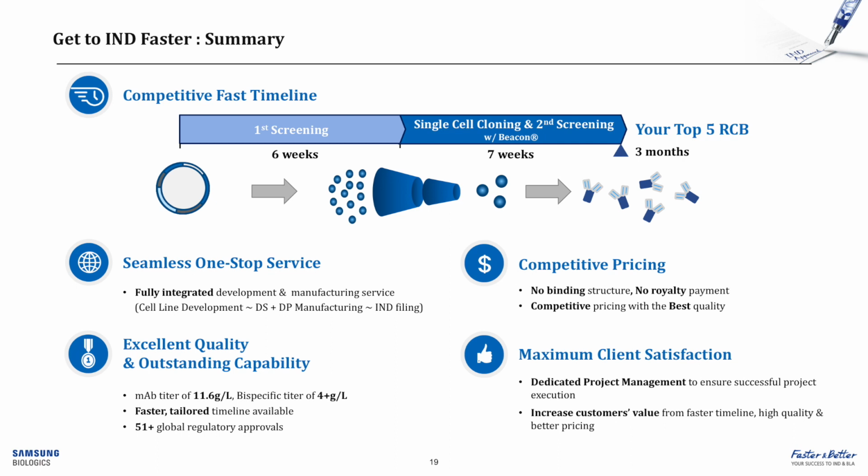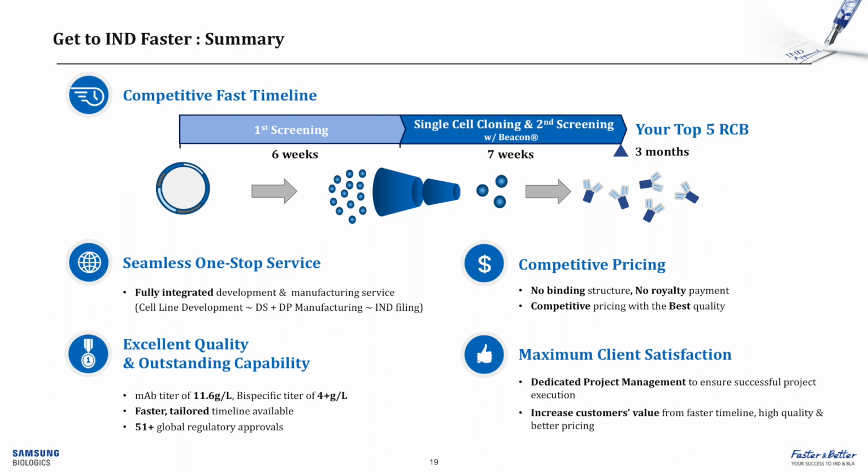What this really exemplifies is excellent quality and outstanding capability. So as we showed here for the performance testing and some minimal process development both on the upstream and vector work, the monoclonal antibody titers of 11.5 gram per liter, additional molecules with bispecific titers over 4 gram per liter, and all of this with a faster and tailored timeline.